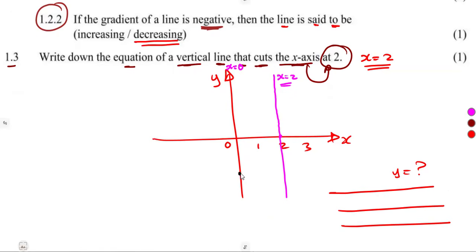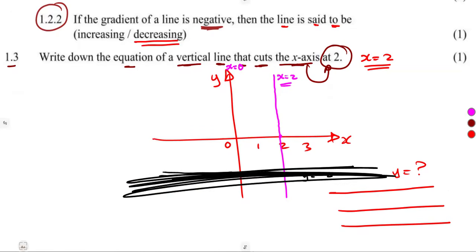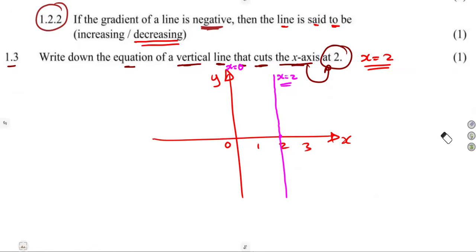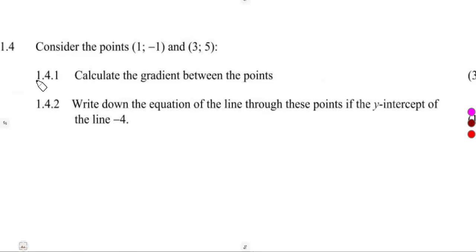If it cuts the y-axis at -2, it means that line will be y is equal to -2, a horizontal line like this. Know your equations, guys, of the straight line, each and every type. So there we said our answer is going to be x is equal to 2.